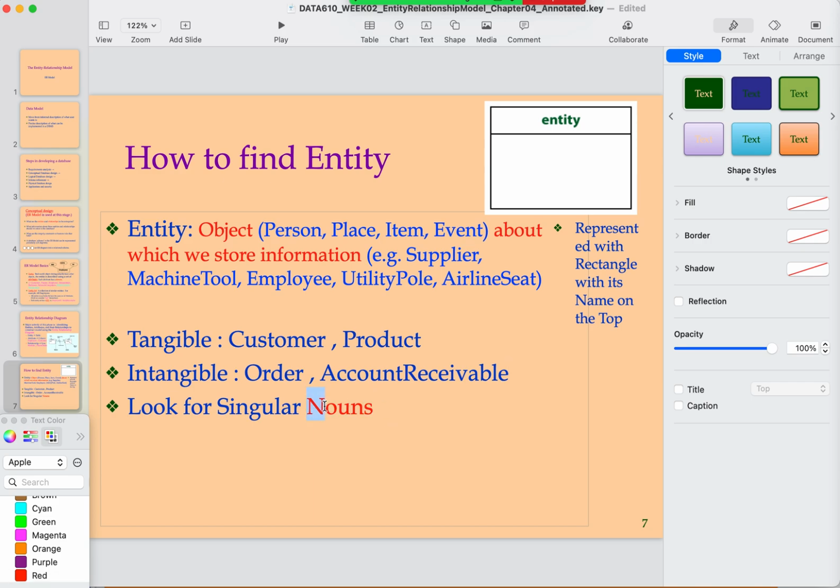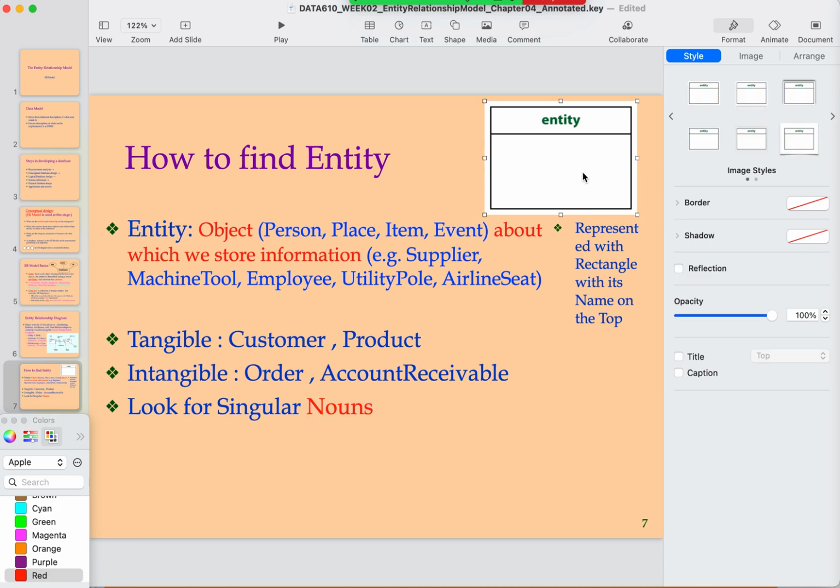The nouns will be our objects and entities. And on our entity relationship diagram, the entity is represented with a rectangle like this, and that's a table from our database. And on the top we tell the entity name.